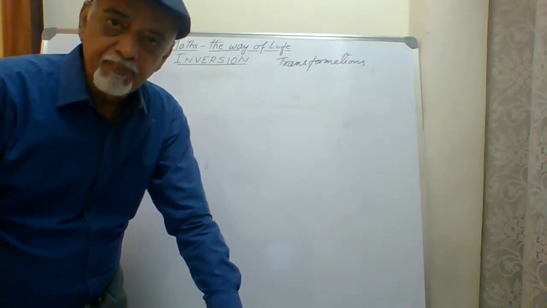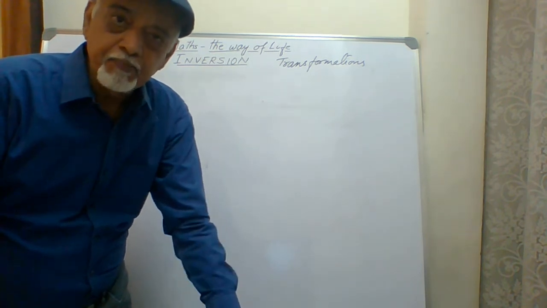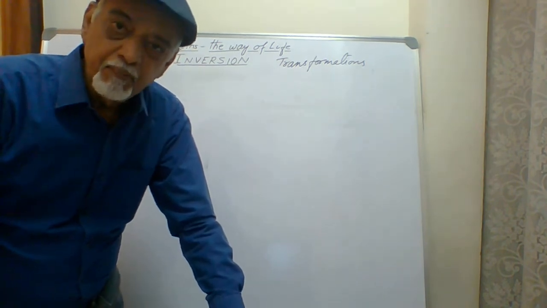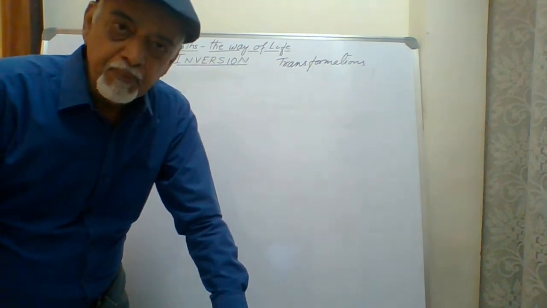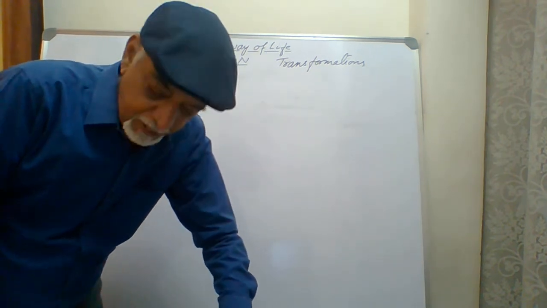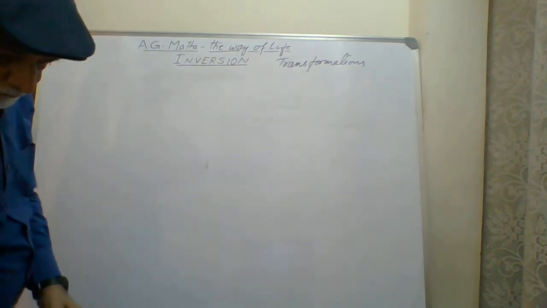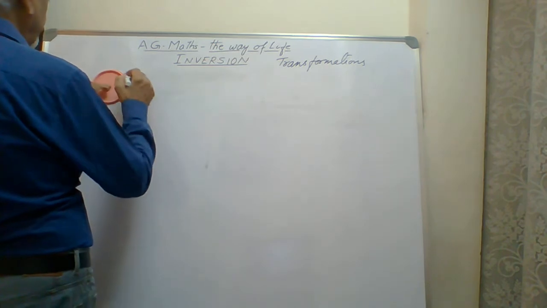The shape and size of the elephant will entirely change, and you will be surprised to note that it may look like an alien element from the moon, or maybe from some other planet which we have never come across. So let us see how it works. In our inversion, it will be completely different in shape and size, as I have told you. The circular picture may take the form of a linear one, and the linear one will take the shape of a circular one. So we will draw a circle anywhere in the plane. Here I am drawing a circle.